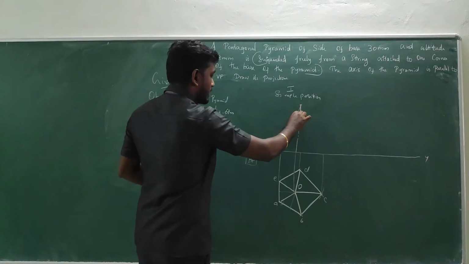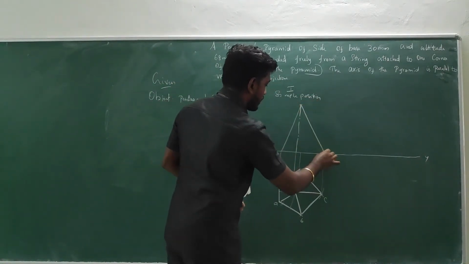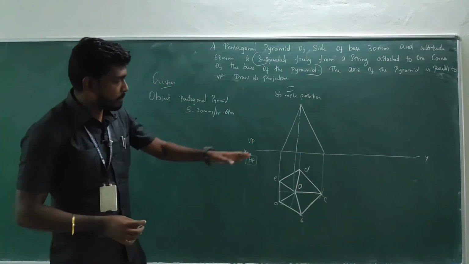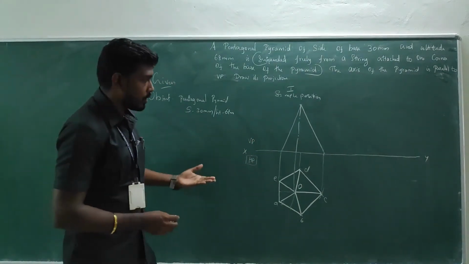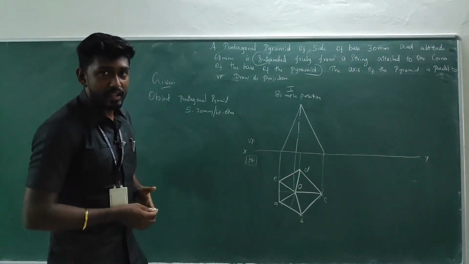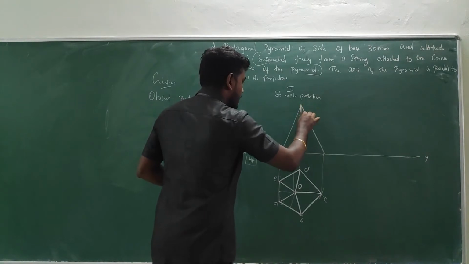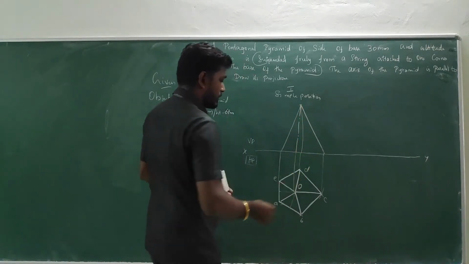Now just connect it with the projector lines which we have taken, so that you will be identifying the true shape. Okay, you will be identifying the rectangular face. As well with this you can make line connections.